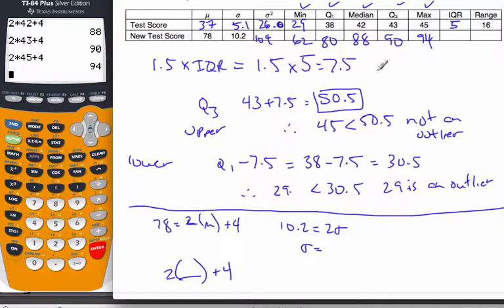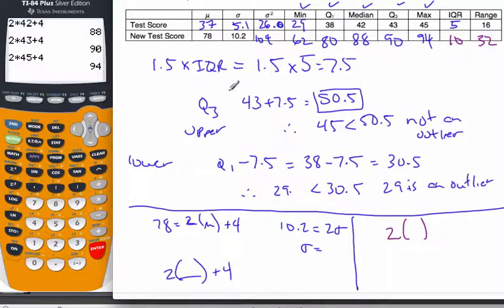Now my IQR and my range though, I'll switch over to a different color. For the IQR and the range, I do not add 4. I'm just going to take 2 times that value. I do not add 4 because this is the spread. It is not affected by moving values left and right. And so 5 is going to be doubled to 10, and the range is double 16, and I get 32.